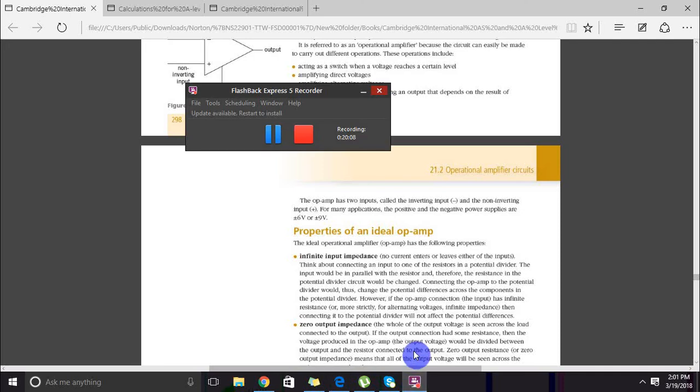So let's write this down. Zero output impedance.